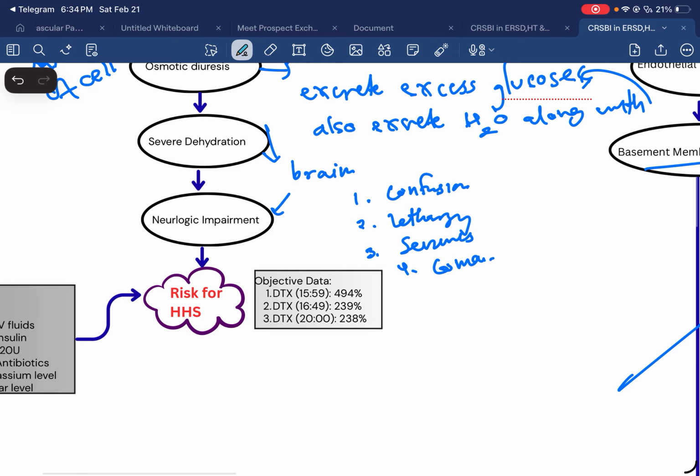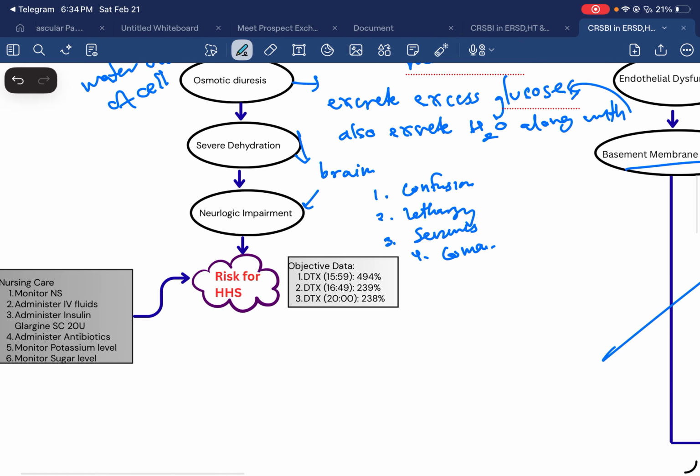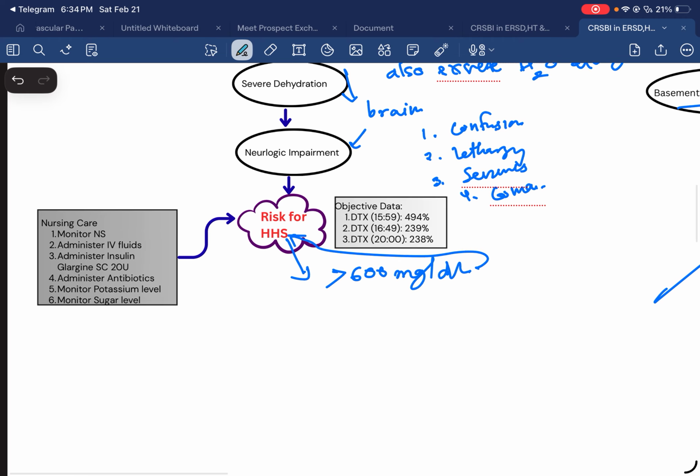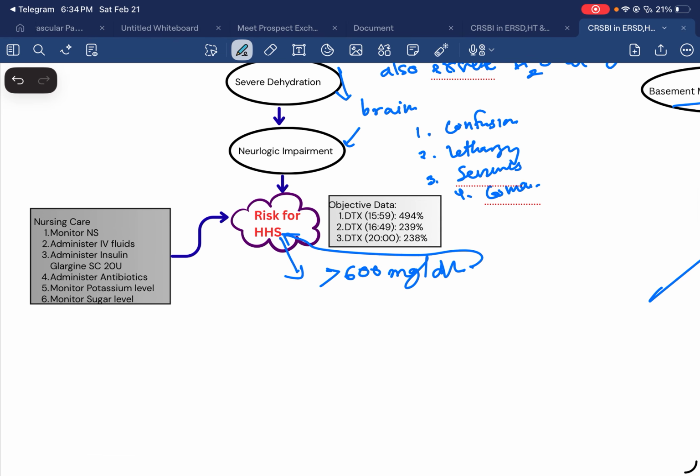If the patient has a sugar level more than 600 mg/dL, the patient will have HHS, hyperosmolar hyperglycemic state.